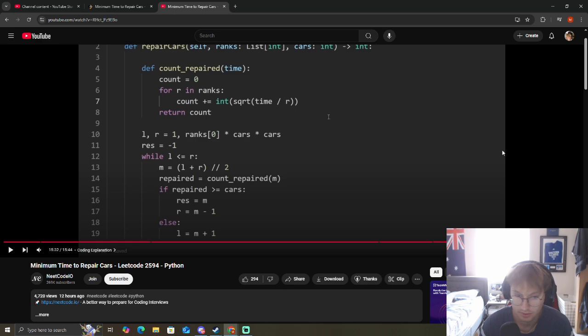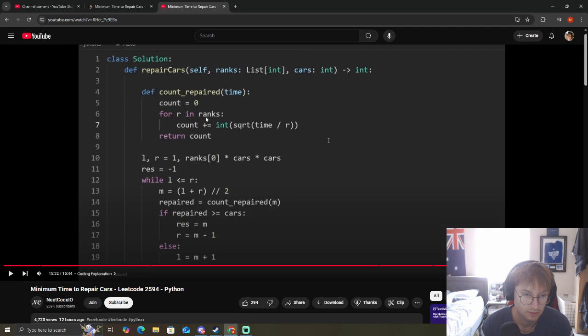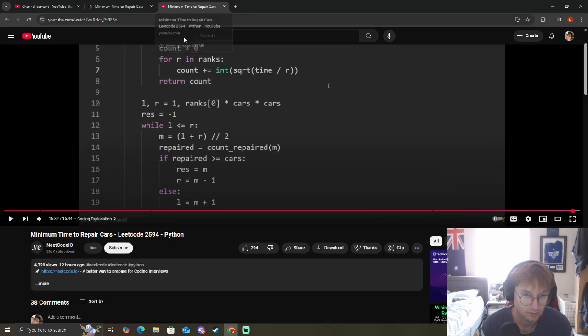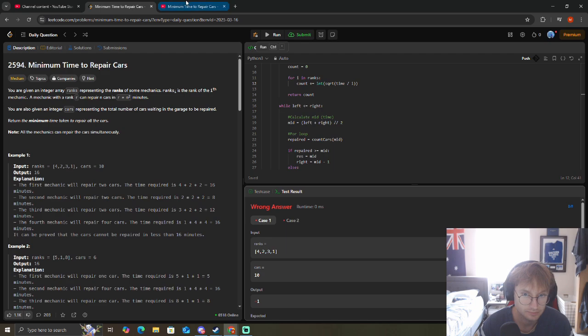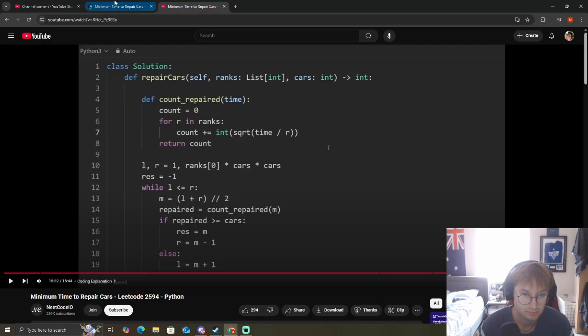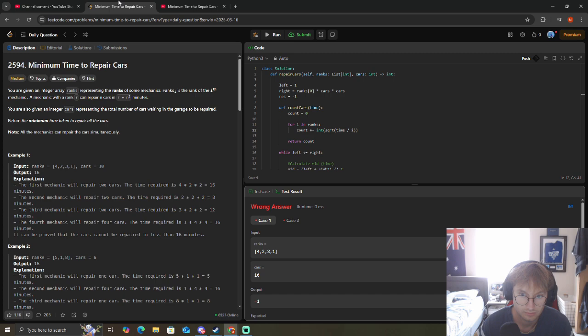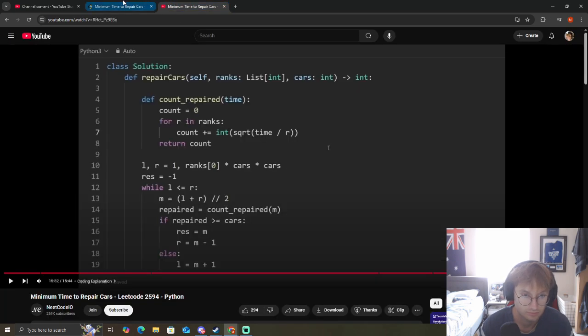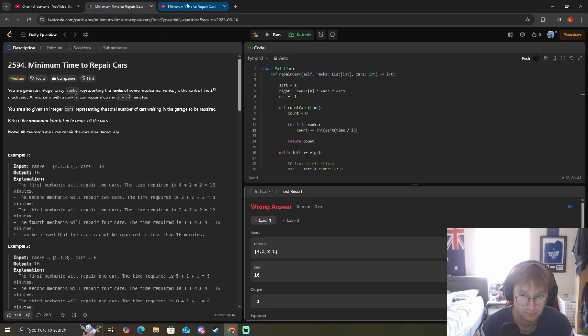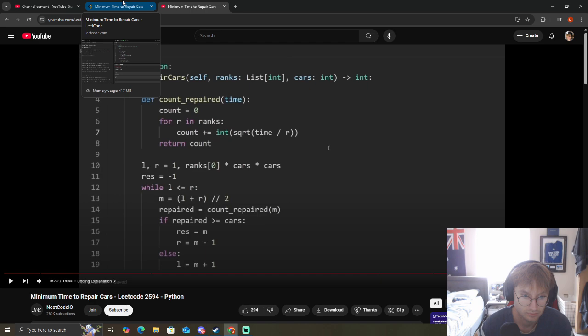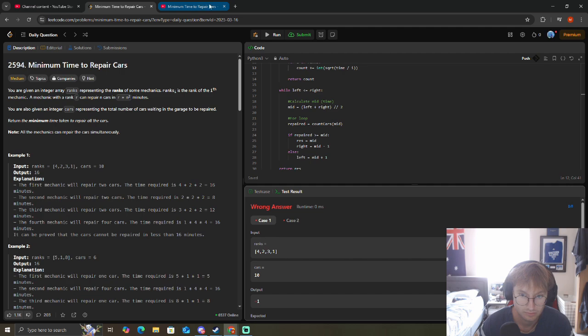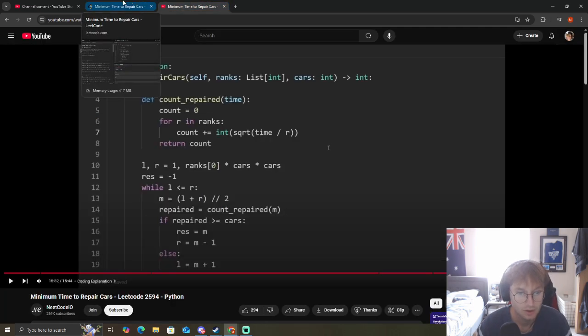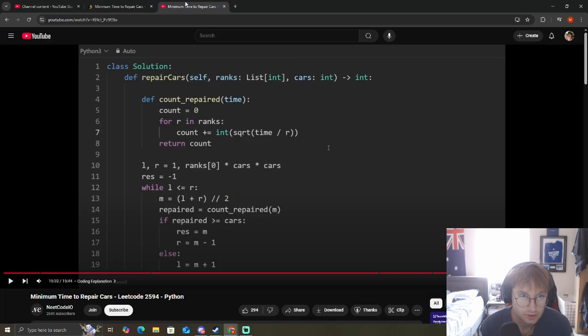Man, what am I doing wrong here, bro? Left plus right over 2. Repair is equal to count cars repair, yeah.